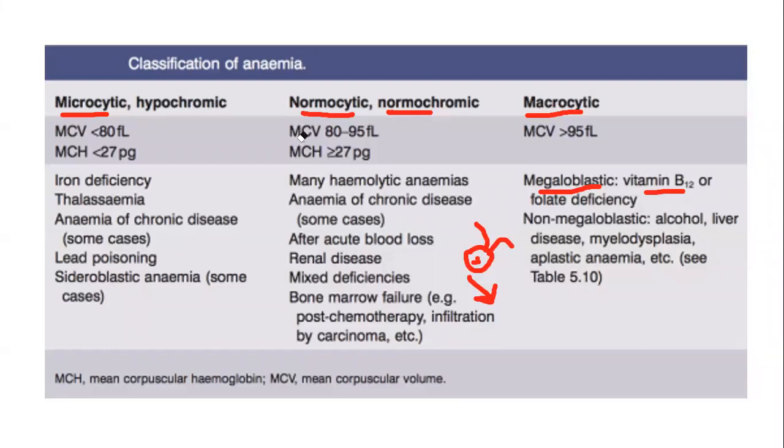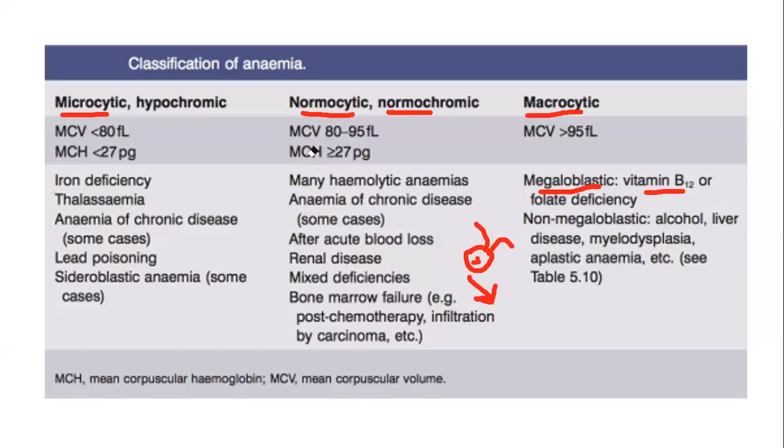One is mean corpuscular volume, the other is mean corpuscular hemoglobin. Mean corpuscular hemoglobin is an estimate of the amount of hemoglobin in the average red blood cell. Hemoglobin is a substance in the red blood cell that carries oxygen from the lungs to the cells in the body, right?